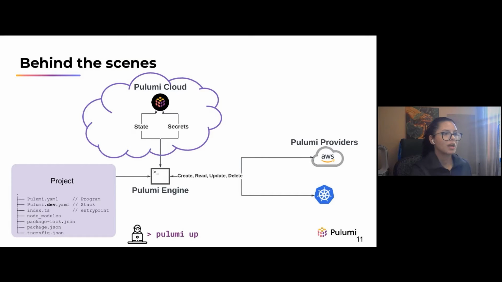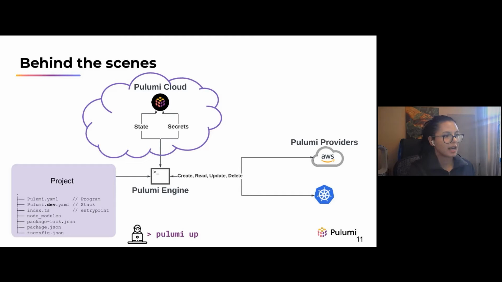So this is where the Pulumi CLI comes into the picture, or what we call the Pulumi engine. We will be showing this shortly, but if you look at the left-hand side, this purple box has a project, a Pulumi program with the various files. So how do I know this is a Pulumi program? I have a Pulumi YAML file.